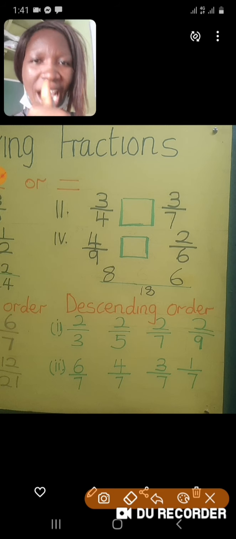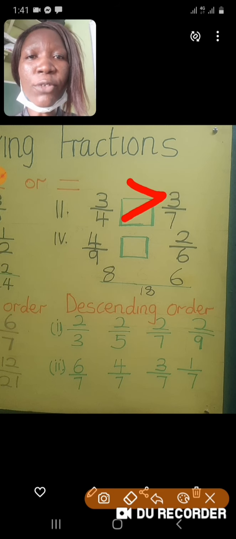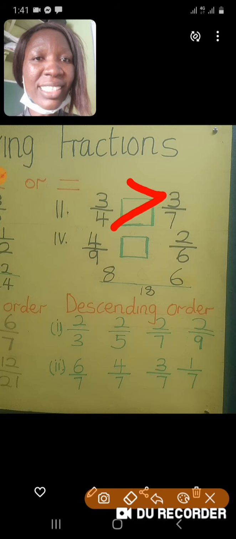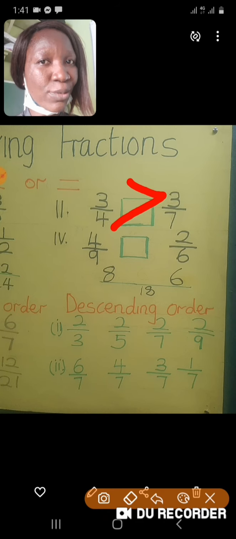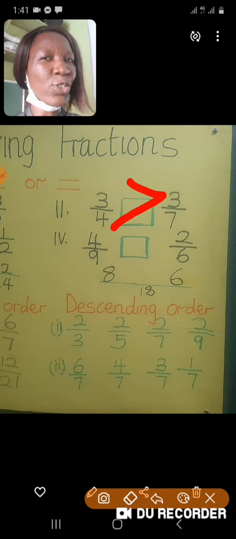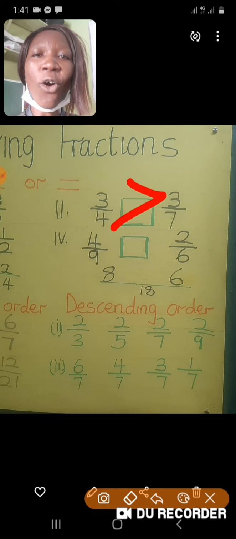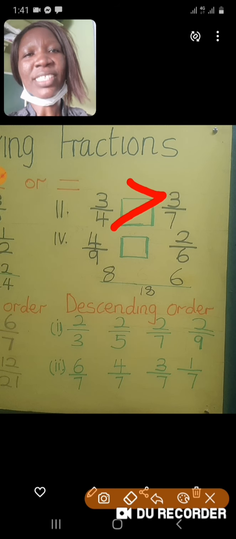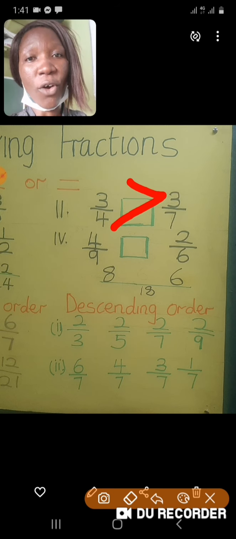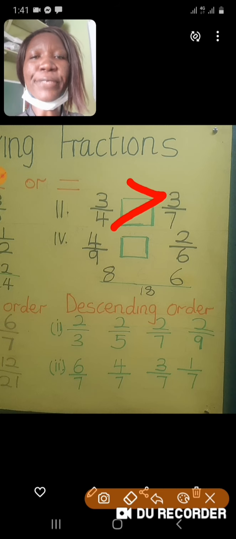So we have 3 out of 4 is bigger than 3 out of 7 because they have the same numerator. So the bigger denominator is the smaller fraction. Okay, you get the rule now. That means 3 out of 4 is greater than 3 out of 7.